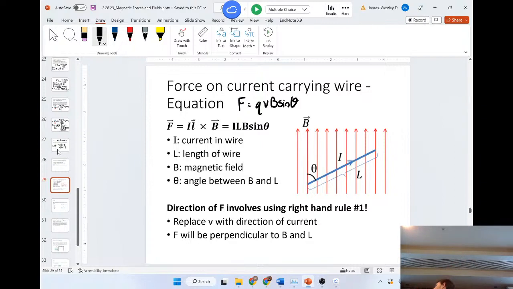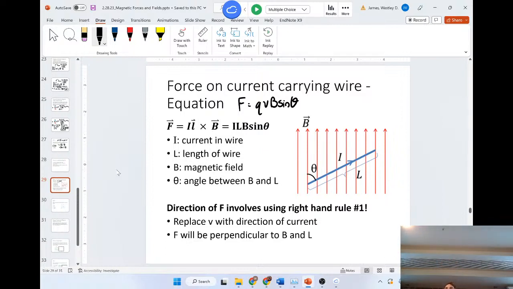If you have a bunch of charge moving, the force on that wire depends on how long that wire is, because the longer it is, that's more moving charges. Every single bit of that wire will have some current going through it, so those will all experience a force. The larger the current, the more charges are moving through it as well, so the larger the force, and then the magnetic field is the one causing it. So if you think about each of these variables, more current, more force.